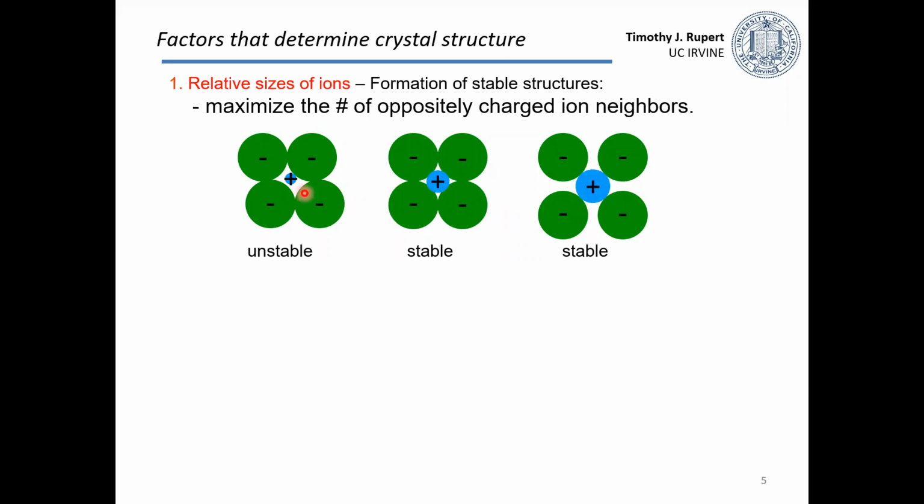In contrast, if the ion is too small, smaller than that gap, there's going to be some variation. If I look at a given point in time, I might only be close to 1 of those ions, or maybe 2, or something like that. But the point is it's not consistent, and we're not optimizing how we're filling that space. So these 2 on the right are stable configurations. This one on the left is unstable.